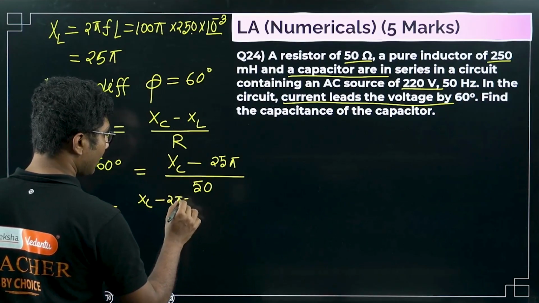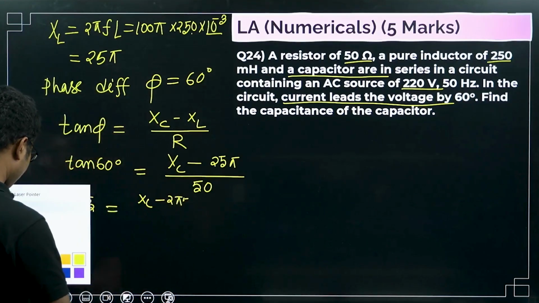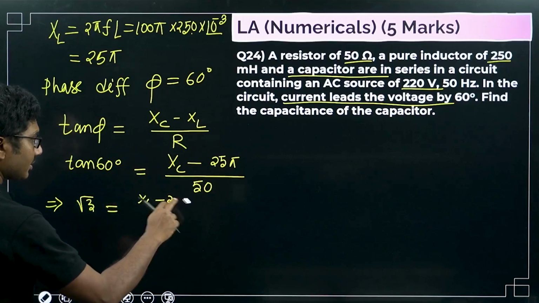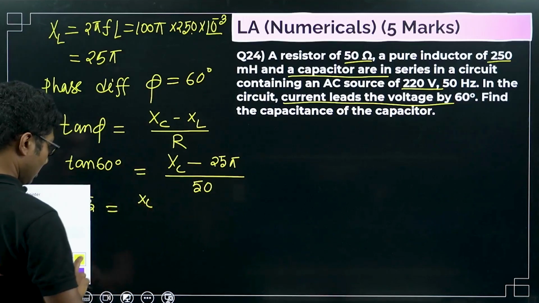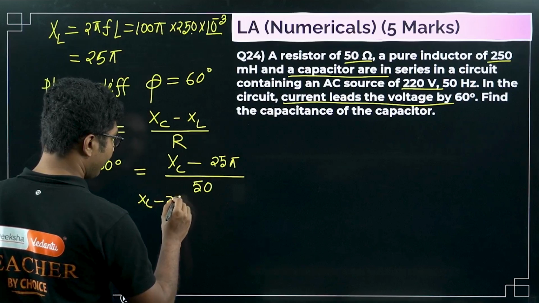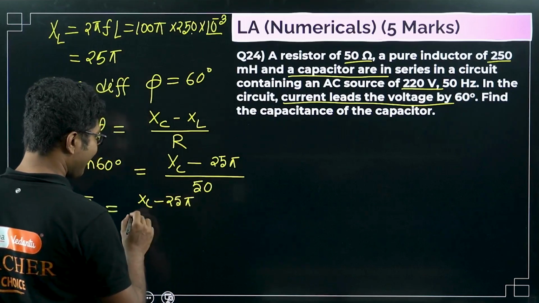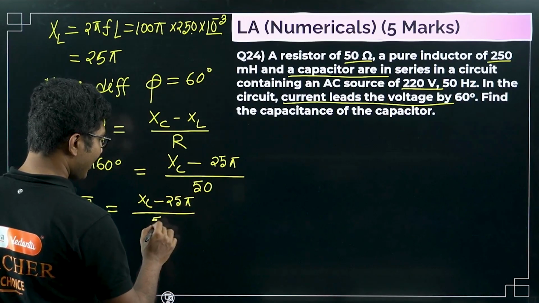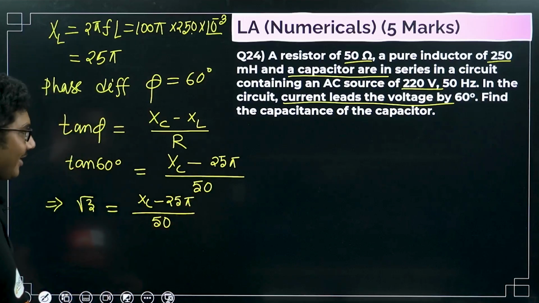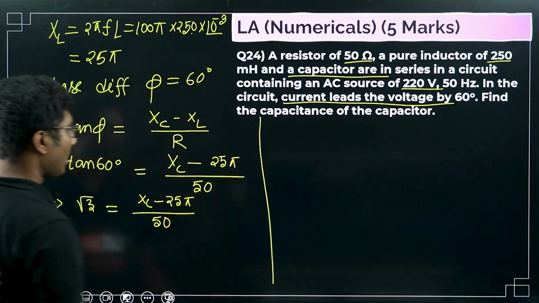I am making some small silly mistakes. Sorry for that. So it is minus 25 pi. Actually 5 and pi are so similar, I am making this mistake again and again. Now continue our calculation.